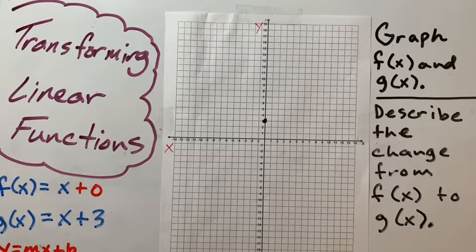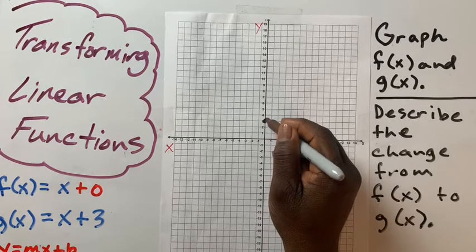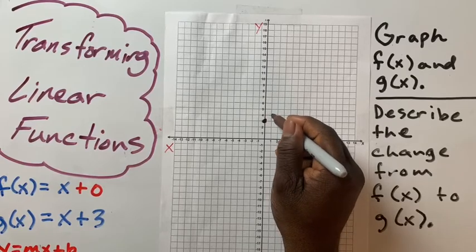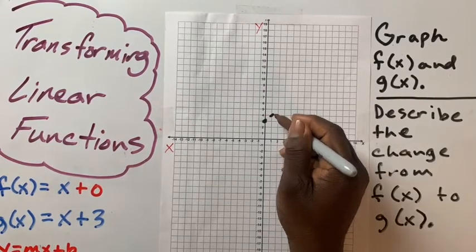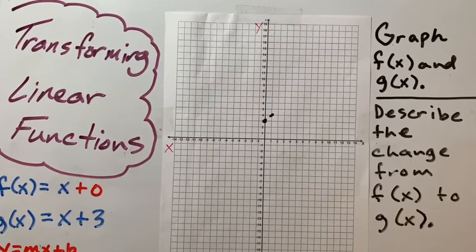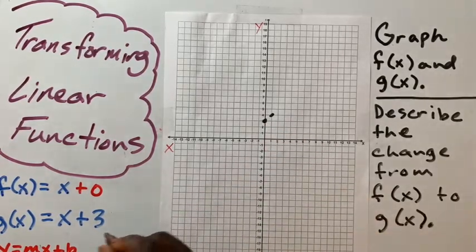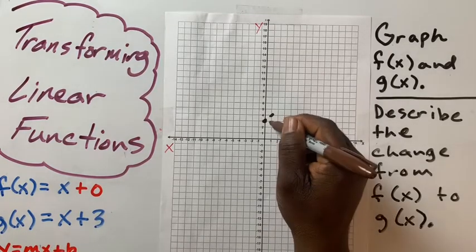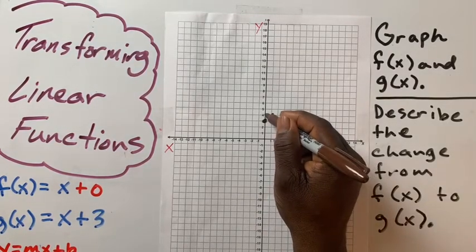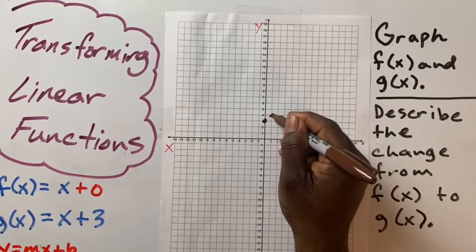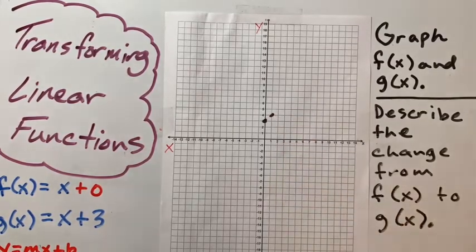So we're going to start from here. We're going to rise 1 and run 1, because in order to draw a line, you need at least 2 points. So again, we plotted the y-intercept at 3. And then the slope here is 1 over 1. We start from the y-intercept, go up 1, positive 1, and then go over 1, positive 1 in the x-axis.